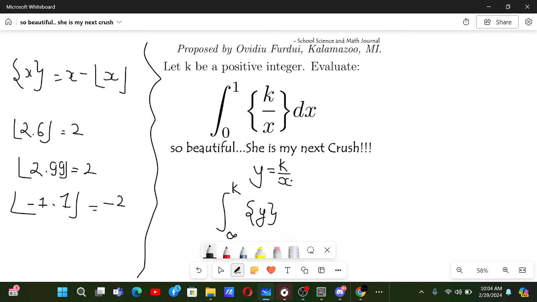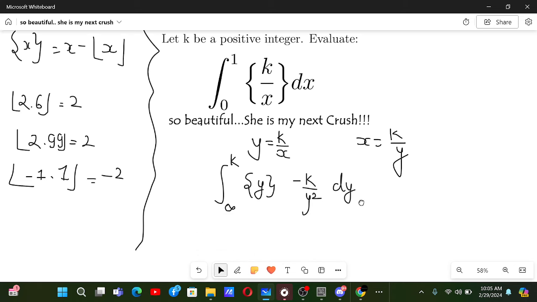Basically, k by 0 is undefined, but in the limit we can say that it's infinity. And now we know that x equals k by y, so dx will be minus k by y squared dy.